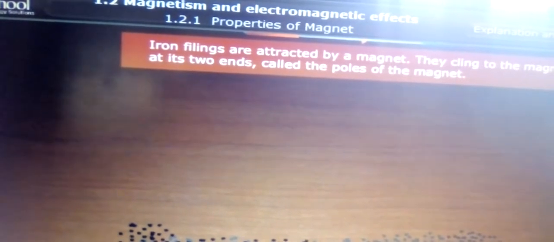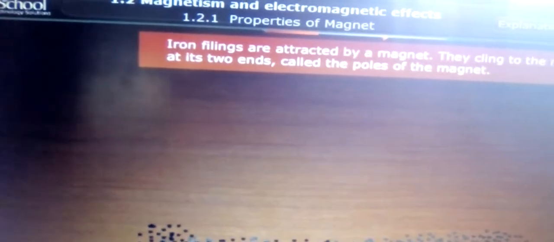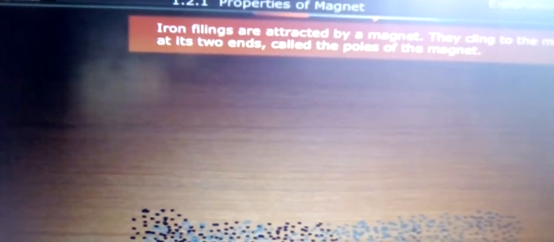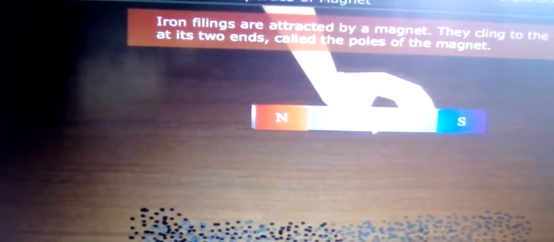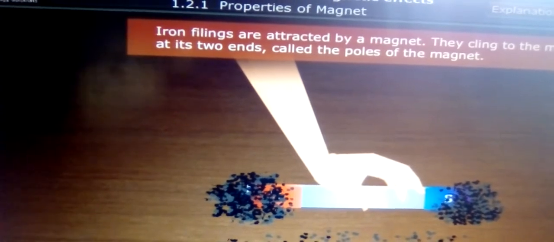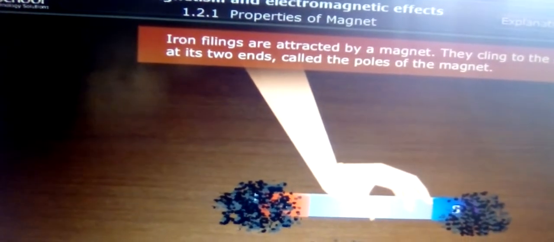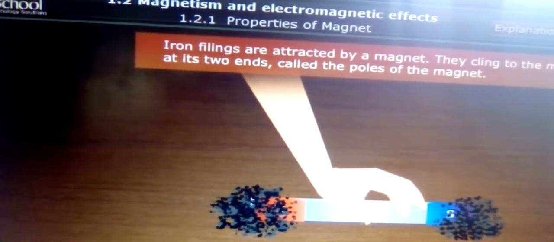When we look at this visual, you'll find that when you bring a magnet near iron filings, they are attracted mostly at the ends, so they normally cling at the ends, and that shows that the strength of a magnet is at the poles.